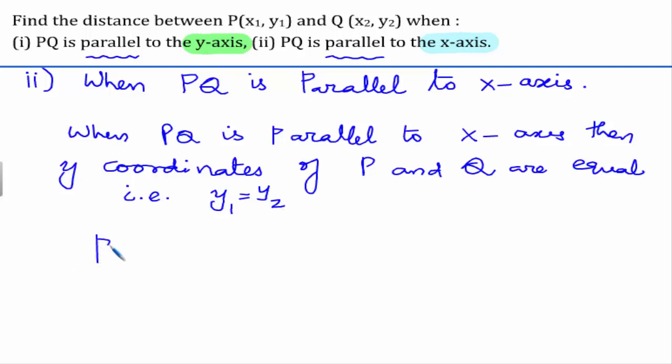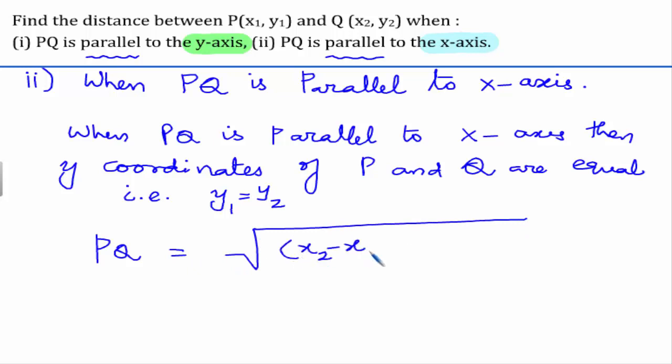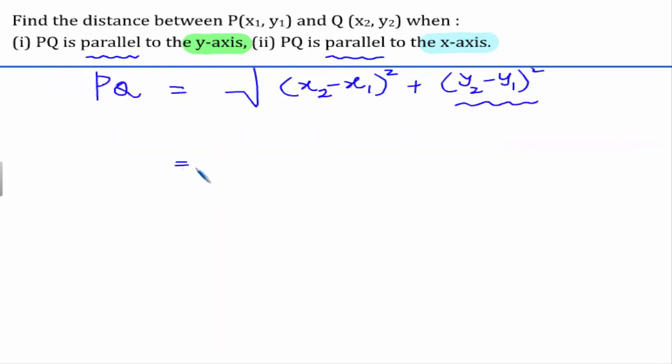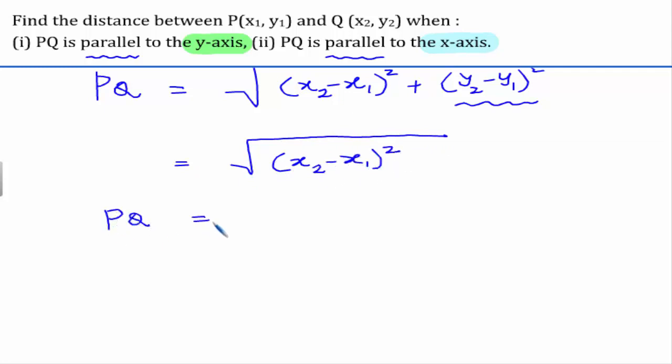Now the distance between the 2 points, we know the formula. So let us use that, which says x2 minus x1 whole square plus y2 minus y1 whole square. And the value of this will be 0 because y1 is equal to y2. This will be square root of x2 minus x1 whole square, and here also we get modulus x2 minus x1.